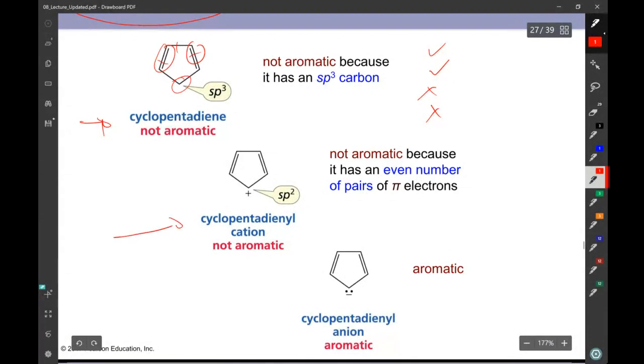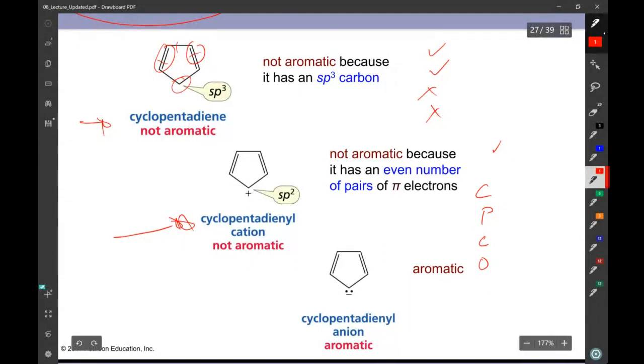is the cyclopentadiene cation that we are looking at. Yes, the molecule is cyclic. Remember, we have the rules: cyclic, planar, conjugation, and odd number. Those are the rules, okay? Cyclic, planar, conjugation, odd number.